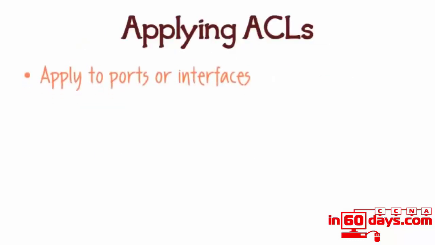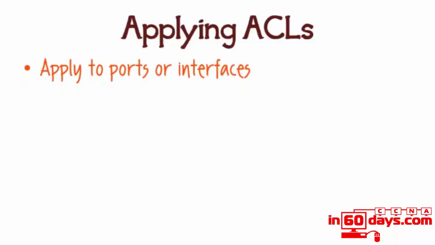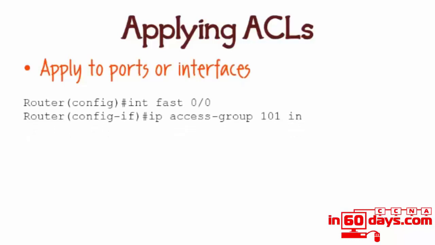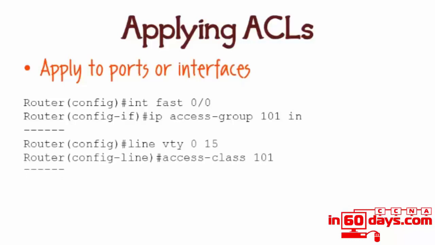Applying access lists is a little bit of a pain. You can actually apply them to physical ports or interfaces, or to lines such as your console port or your VTY ports. If you write access list 101 to apply it to an interface, you type the command ip access-group and then the number and then in or out. You can apply it to your telnet lines.